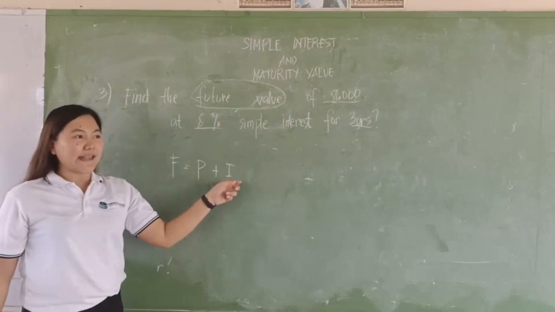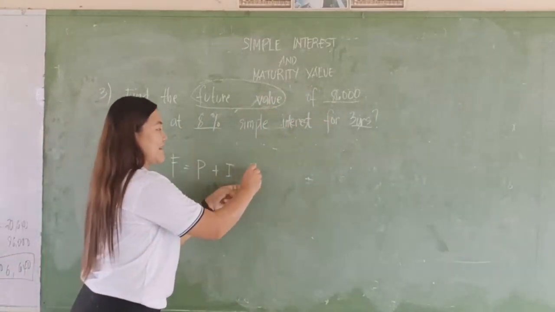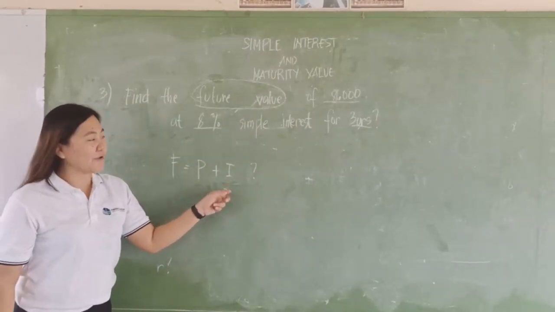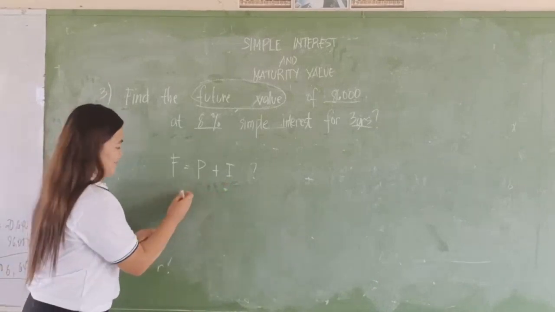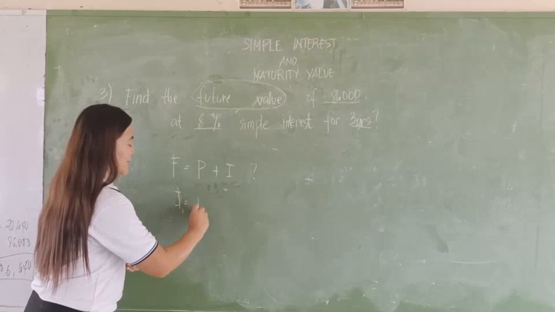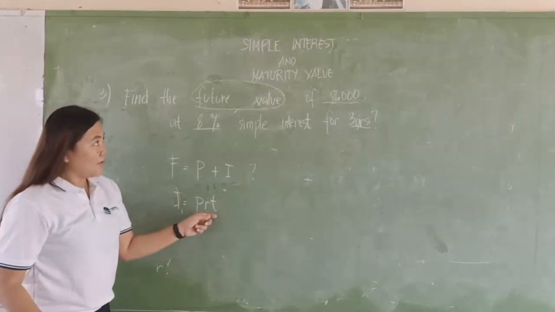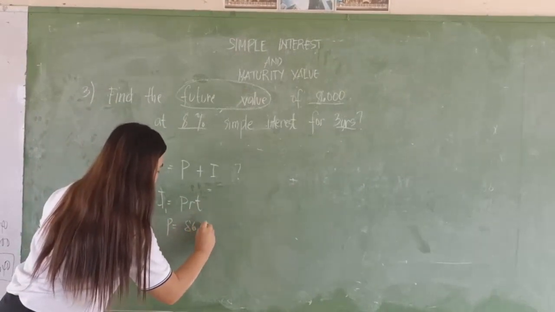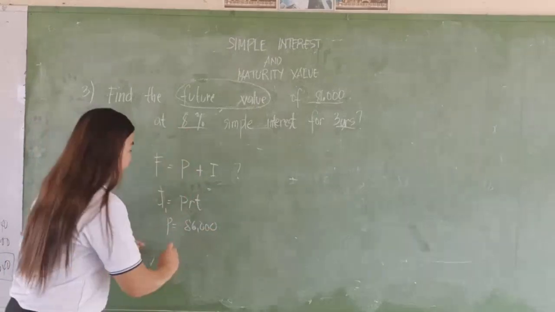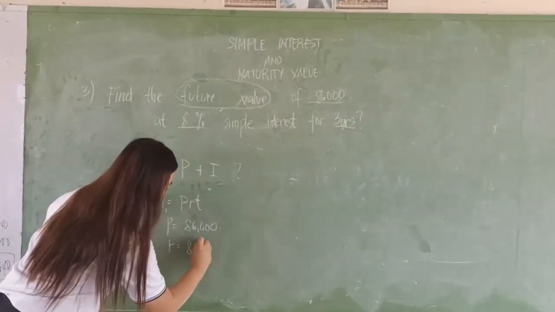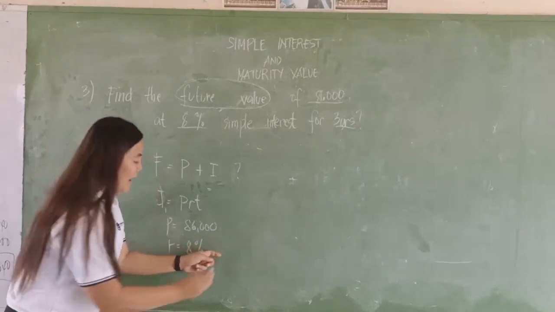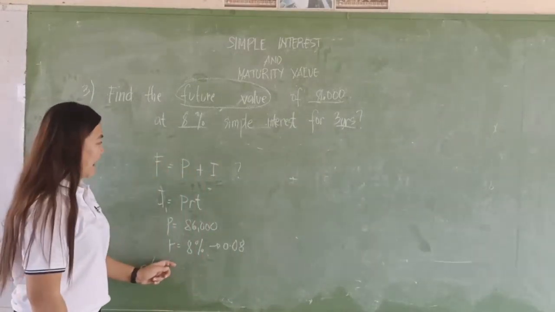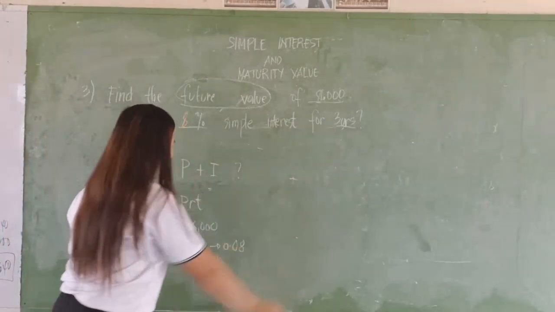Now, yung I natin o yung interest natin, wala pa siya. So, una, hanapin muna natin yung interest. Ano ba yung formula natin ng interest? We have I is equal to PRT, which P is 86,000 and R is 8%. Then, gawin natin decimal, magiging 0.08. And then, ang ating time is 3 years.